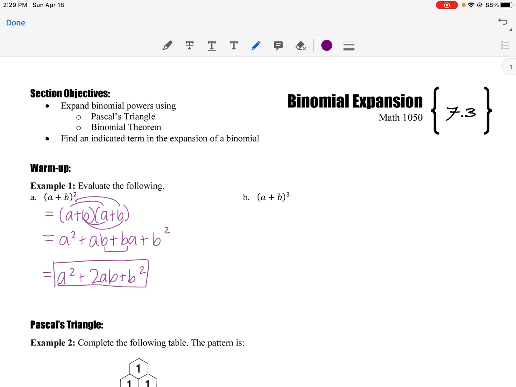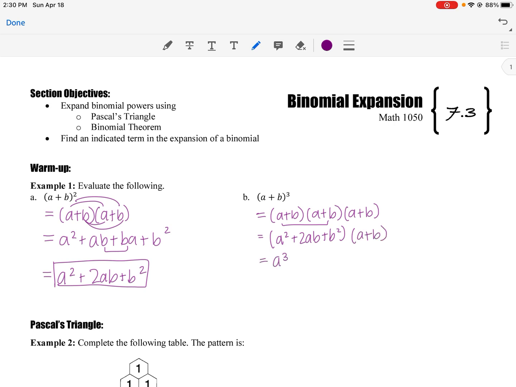Now if I take it a step further, and I say (a + b) cubed, that's really (a + b) times (a + b) times (a + b). And we just figured out this, right? We just said that that is a squared plus 2ab plus b squared. But once again, you're going to have to distribute, right?